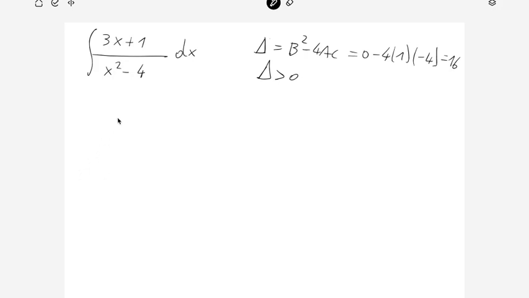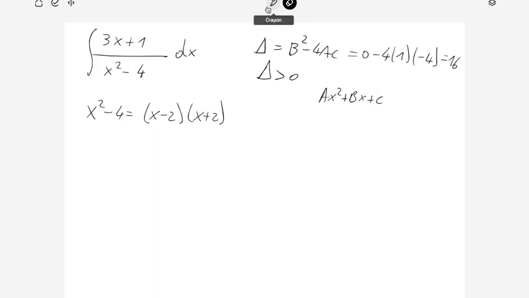And when the delta is positive, we can factor this quantity. In general, we have to compute the solutions in order to have a factorization. But in this case, x squared minus 4 is equal to x minus 2 times x plus 2. The general rule is, if you have a quadratic function and you have to factor it, we compute the two solutions, x1 and x2.